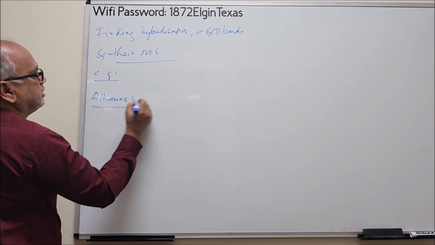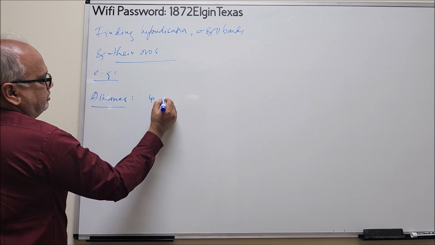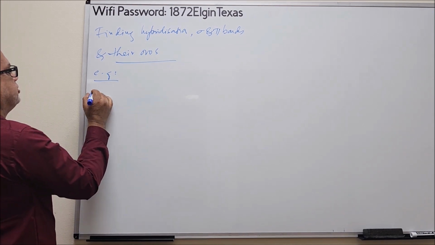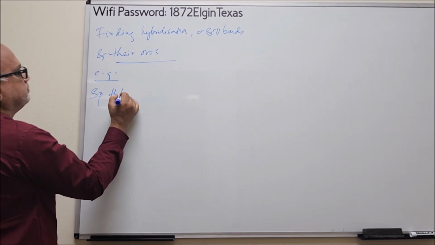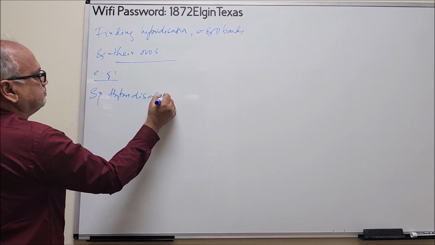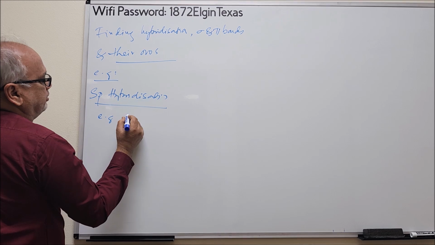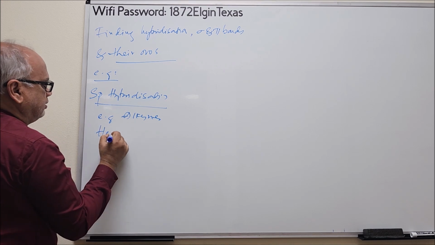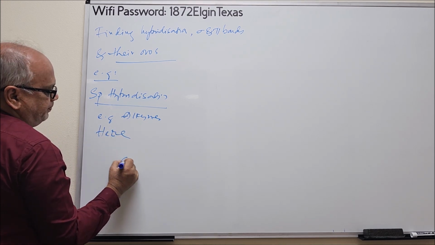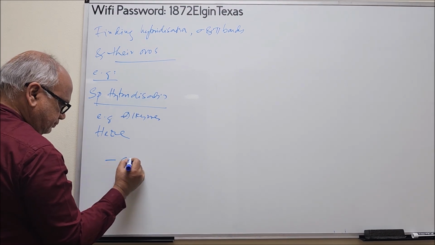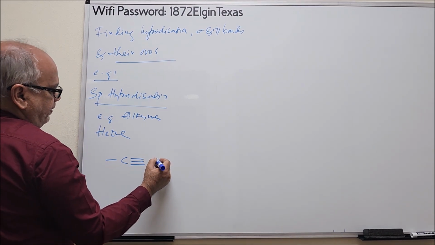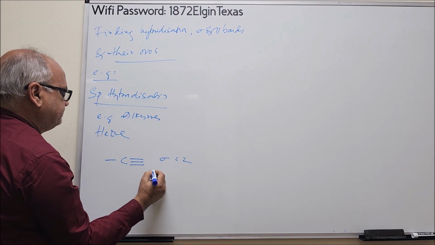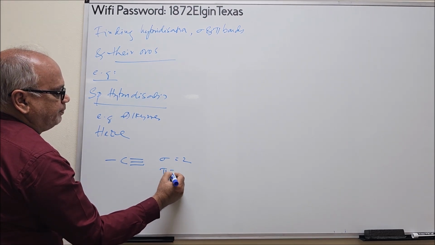If you take alkanes, it has got 4 sigma bonds. If you take sp hybridization, example alkynes, here the carbon is associated with 2 sigma bonds and 2 pi bonds.